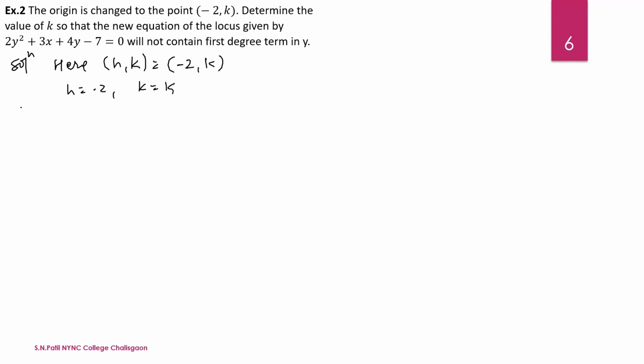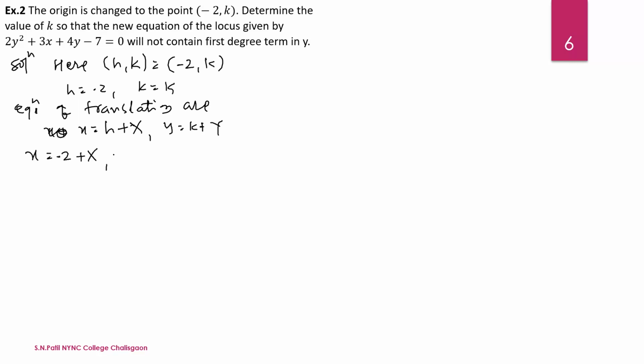The equations of translation are x is equal to h plus capital X, y is equal to k plus capital Y. Now put the values of h and k: x is minus 2 plus capital X, y is k as it is plus capital Y.